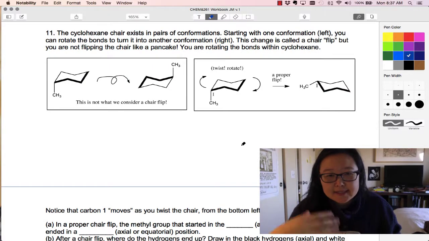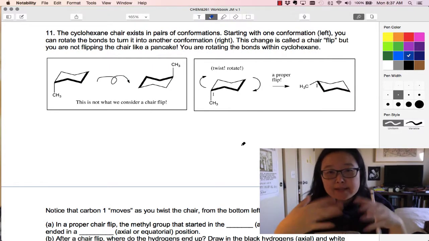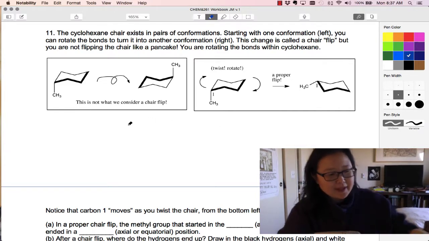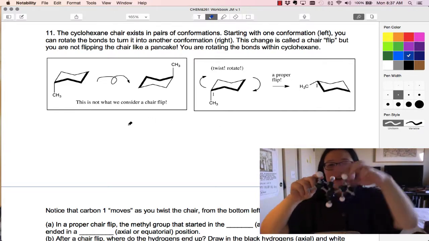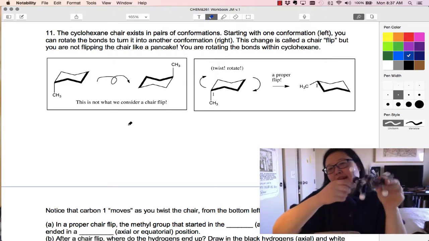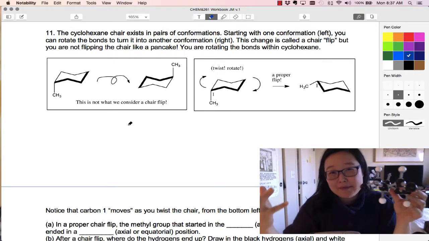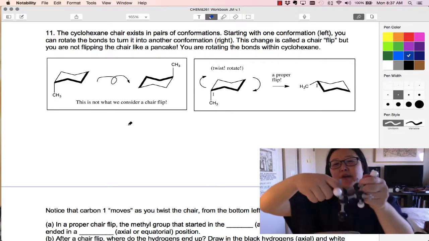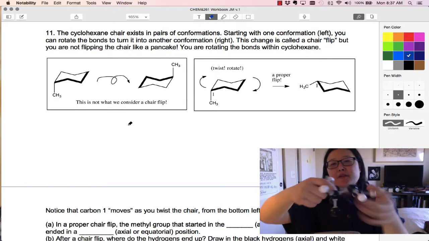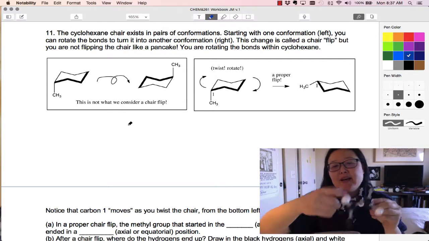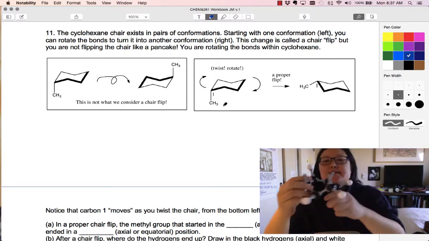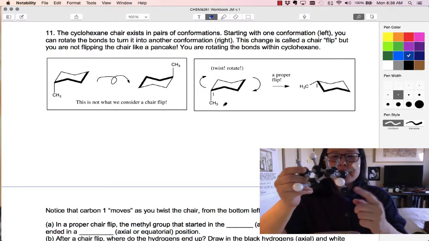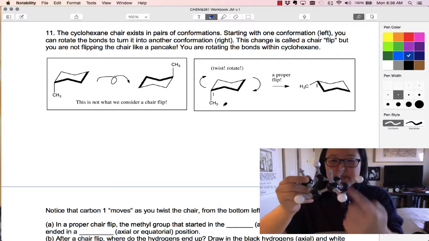So that gets us into something where we rotate the bonds and we can flip the chair. Now when I say chair flip, I don't mean taking this chair and flipping it. That's not really what we mean by flip. What we mean is we take this chair and we rotate the bonds so that all the groups are flipped or changed in some way. So if we have a methyl group down here and we do a chair flip, notice that it's axial right now, axial down.